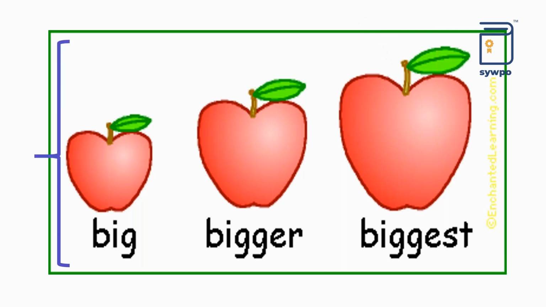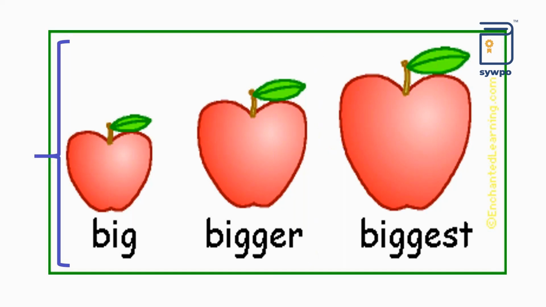Now, if I compare 2 items, that means if I show you 2 things and I tell you that this is different from the other, or this is the same as the other, then we use comparative degree or comparative adjectives. So the first one is big and second one is the bigger. Alright?